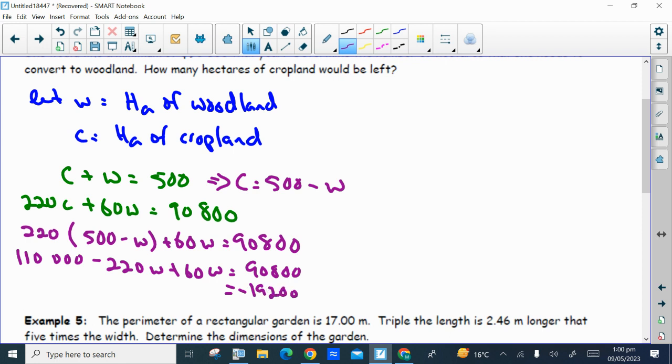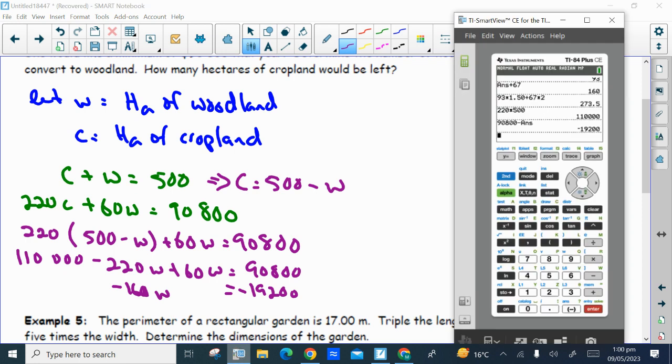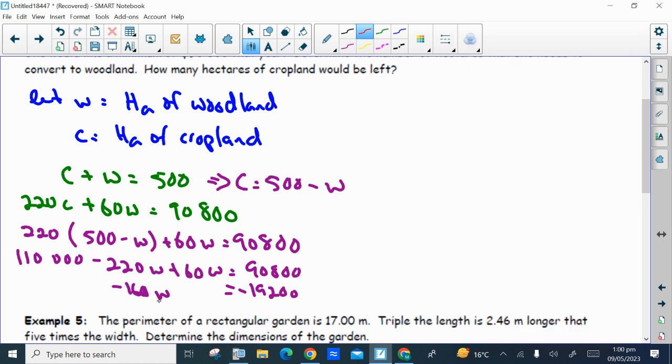And also on that left side, I can simplify. Negative 220W plus 60W is negative 160W. I think. Just check that. Negative 220 plus 60. Negative 160W, yep. And so then we will divide both sides by negative 160 to get W by itself.